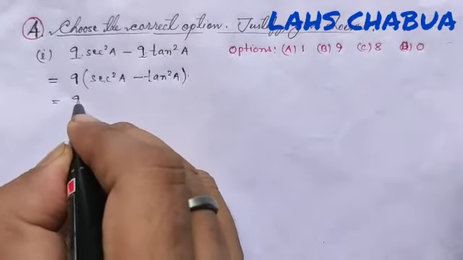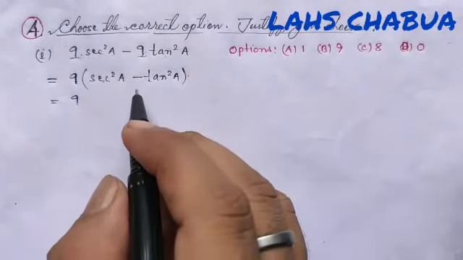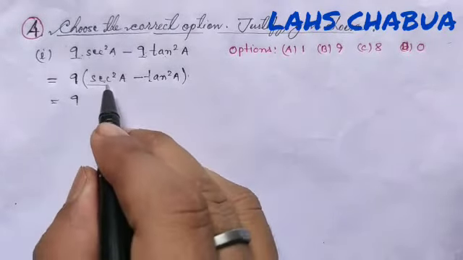Now come to the trigonometric identity for this section. For this we can apply the trigonometric identity. And what is the trigonometric identity? In my last video I have already given all the trigonometric identities.